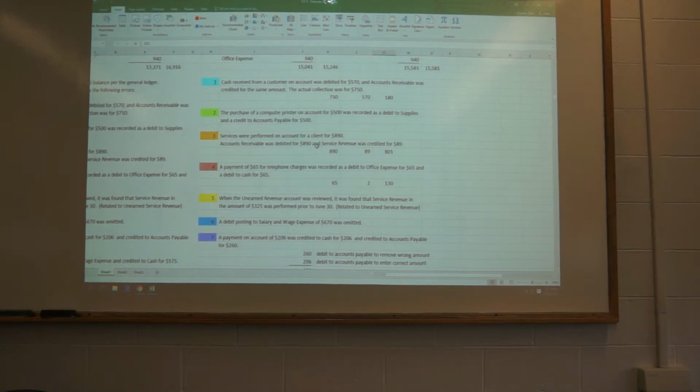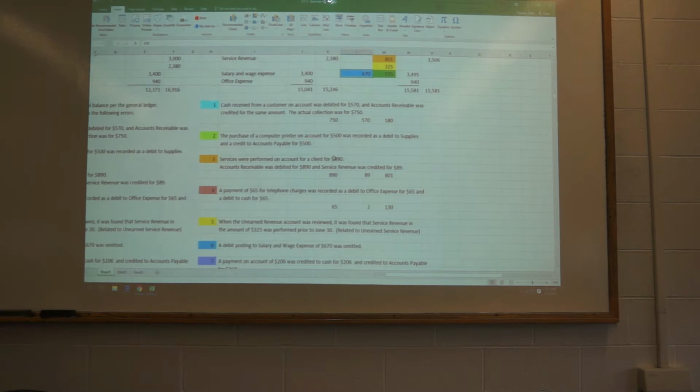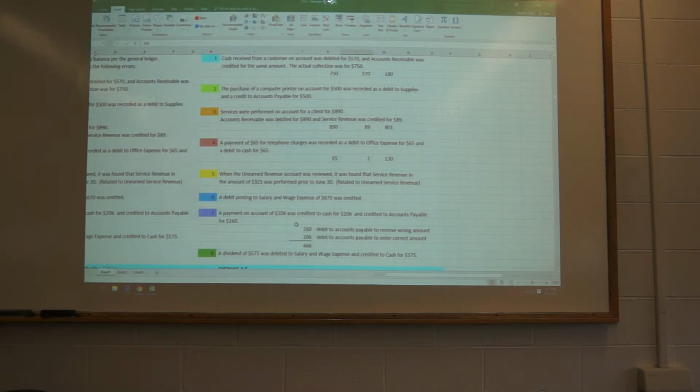Okay, and they forgot to post something to salary and wage expense, so you simply put that in. And this one is annoying. A payment on account of 206 was credited to cash for 206 and credited to accounts payable. So it should have been debited to accounts payable, and it was the wrong amount. So you have to debit the accounts payable for 260 to remove the wrong amount, and then you have to debit it again to get to the right amount out.